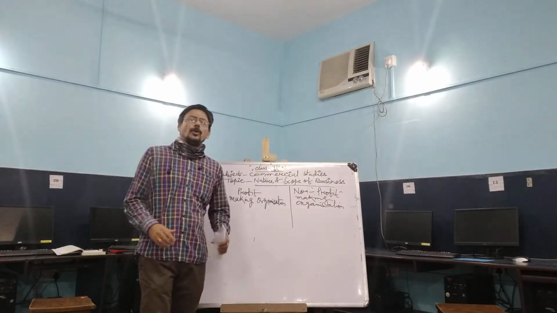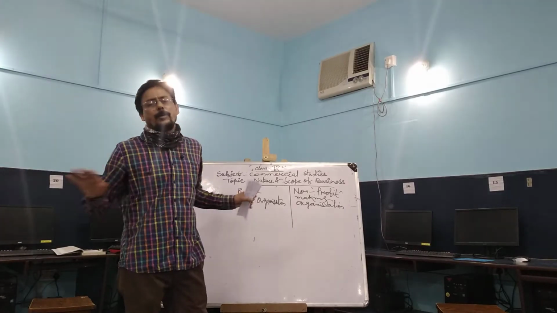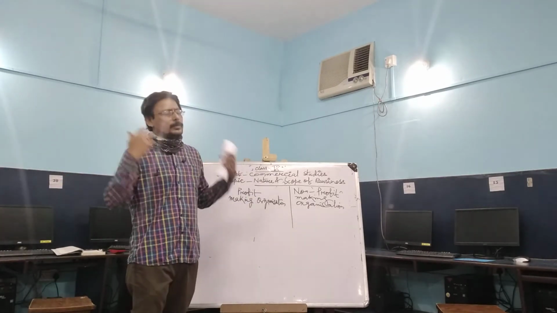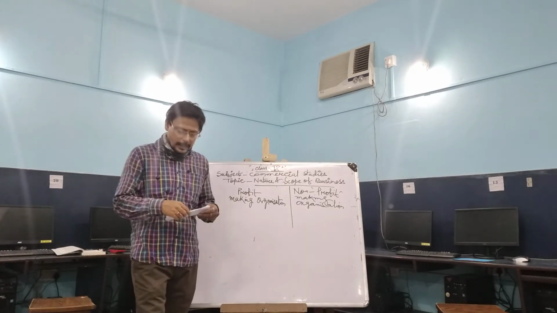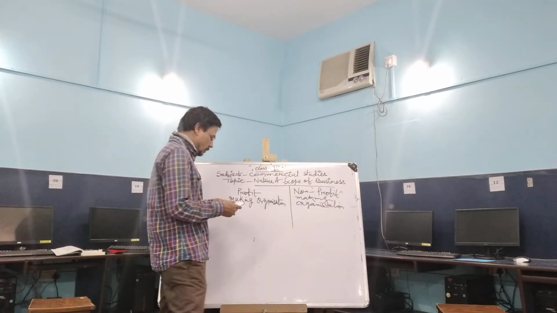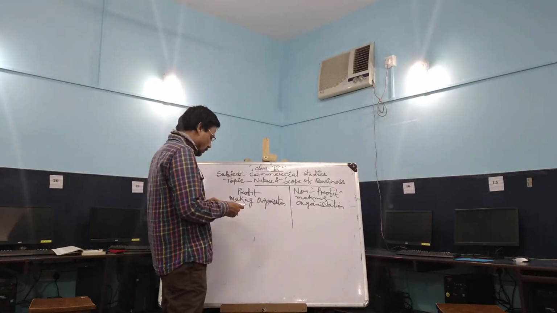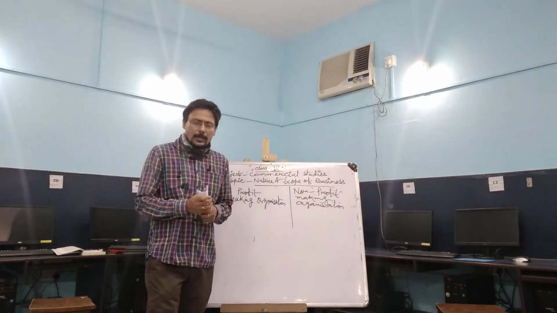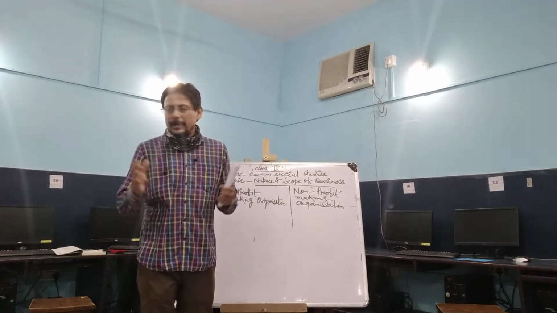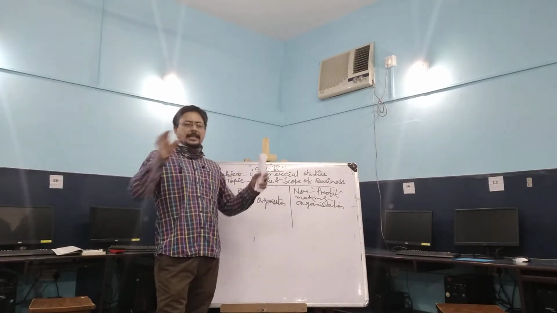But in case of non-profit making organizations, no such burdens are there. No rules and regulations have been imposed by the government. Clear? Next is government grant. In case of profit making organizations, normally no government grant is there. Government does not give money or capital free to any sector.